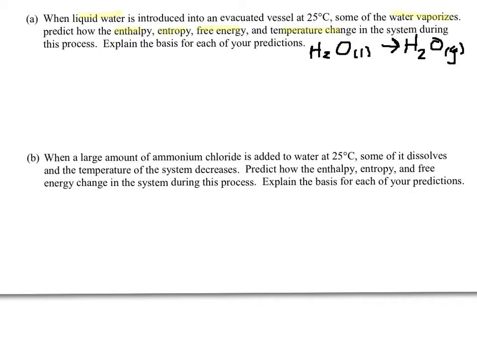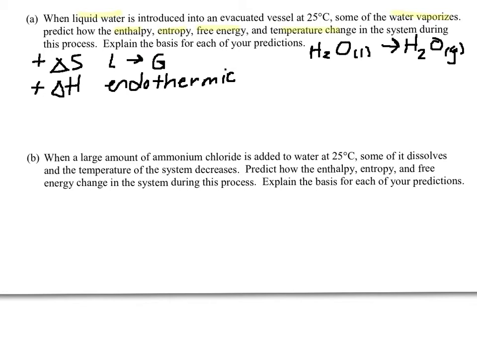The next one that's probably the easiest to figure out for me is enthalpy. Here I have water turning from a liquid to a gas. It requires energy, it absorbs energy whenever it goes through this state change. Therefore it is endothermic, so delta H must be positive. To figure out the free energy sign, I look at whether this reaction was spontaneous or not.